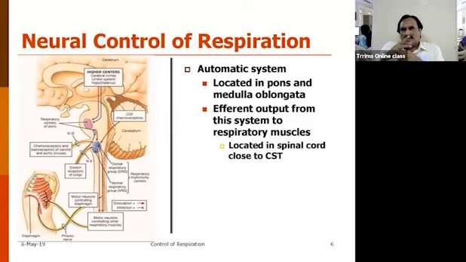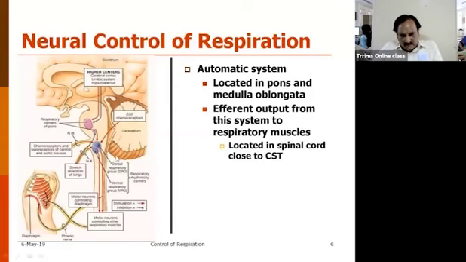For example, the individual gets excited as a result of some positive news or negative news. The hypothalamus and the limbic system are stimulated, which in turn will be stimulating the respiratory centers which are present in the medulla and pons.